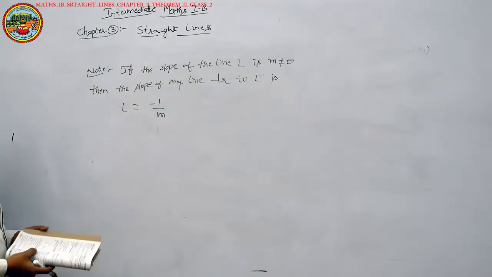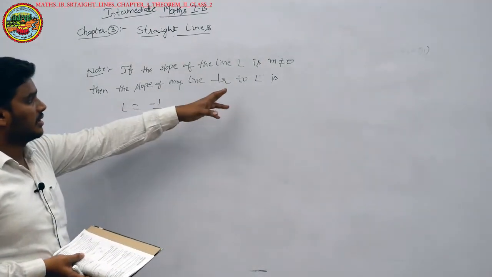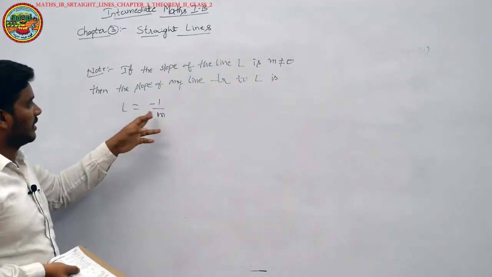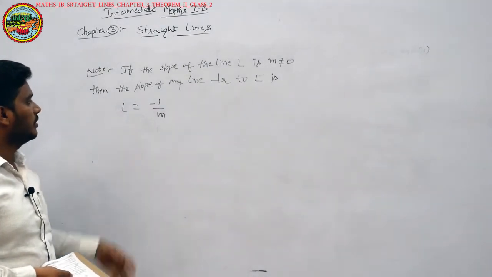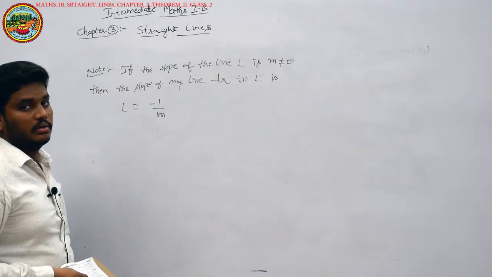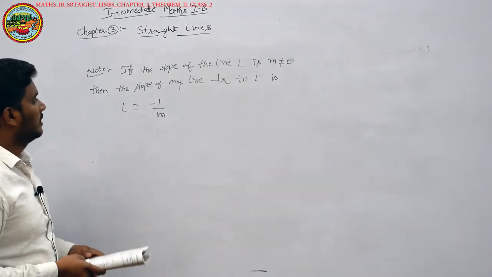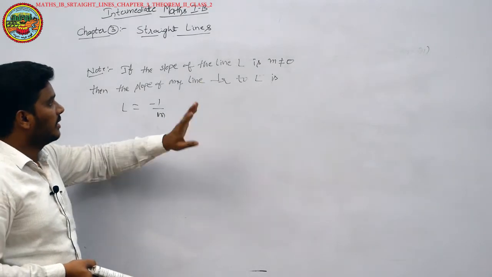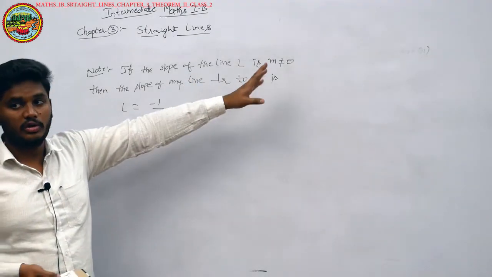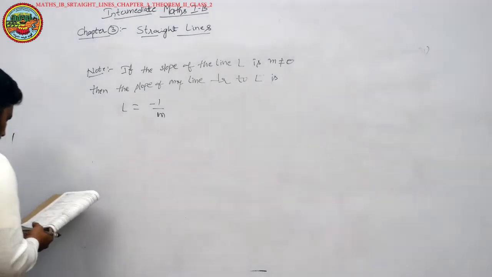So the slope of the line L is not equal to 0 means the slope of any line perpendicular to L is minus 1 by m, the slope of any line which is perpendicular to the line L and whose slope is m not equal to 0, okay.